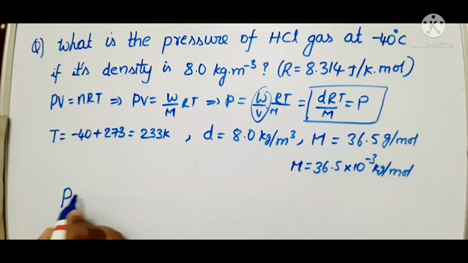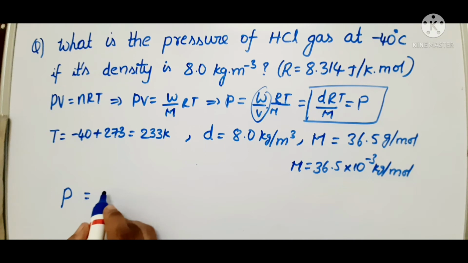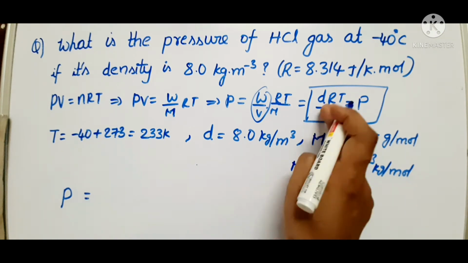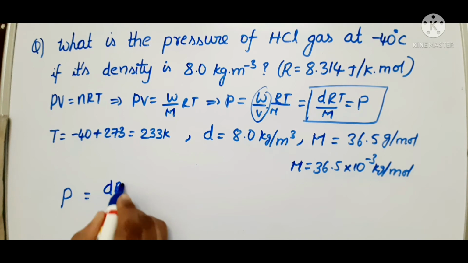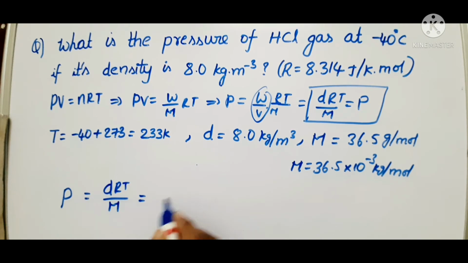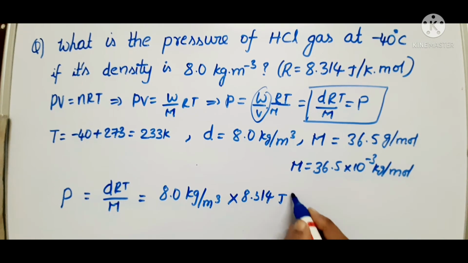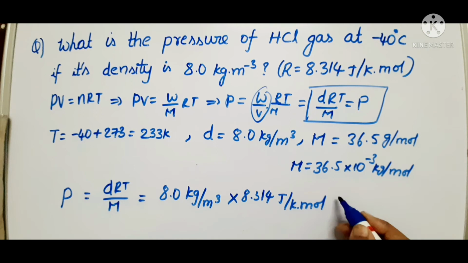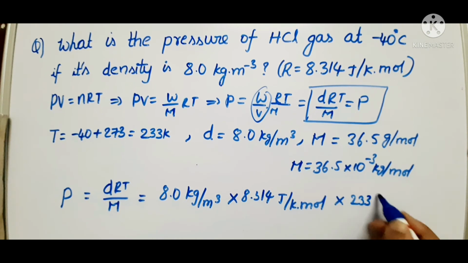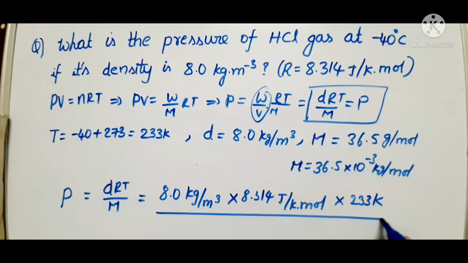Now let us see. I am substituting these values along with the units. First D. What is D? P equal to dRT by M, right? So D is 8.0 kilogram per meter cube into R 8.314 joules per Kelvin mole into T 233 K divided by M. What is the molecular mass here? 36.5 into 10 power minus 3 kilogram per mole.